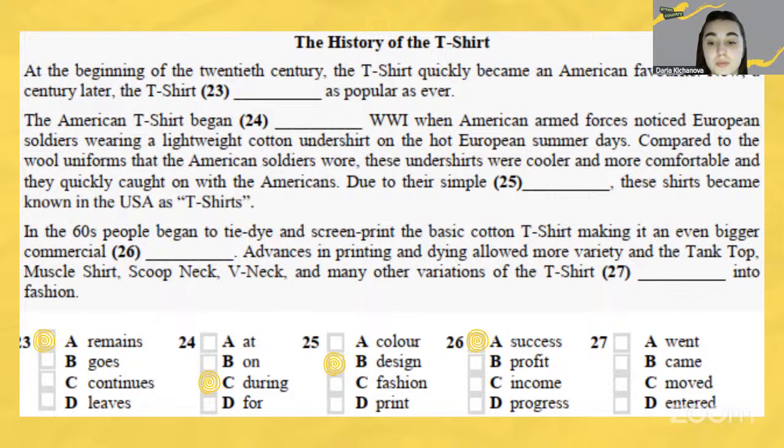Okay, good. And 27 is, we have many other variations of the T-shirt. We have went in fashion, came in fashion, into fashion, moved, and entered. Okay, good job. So here we have with you came, because of the same.